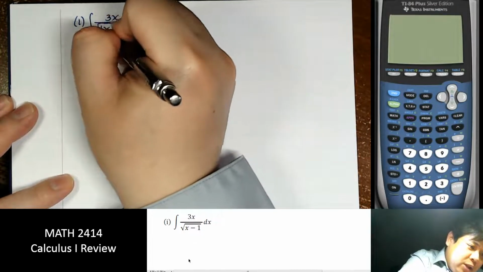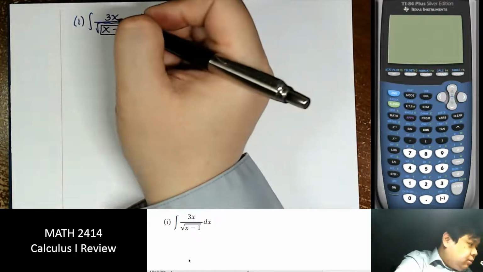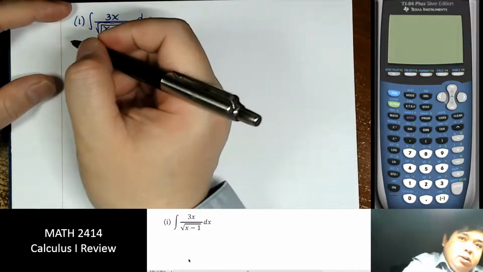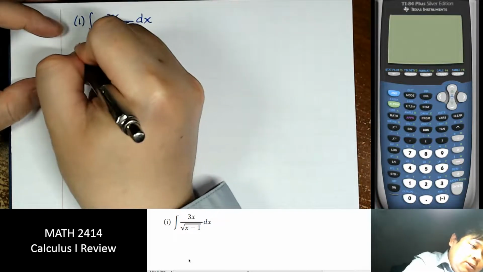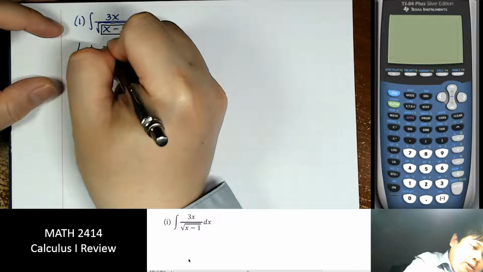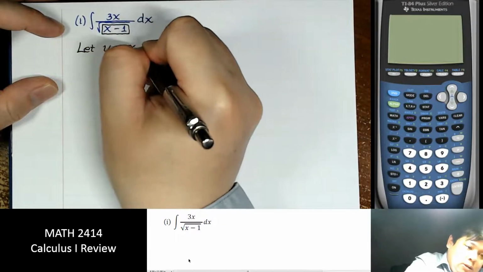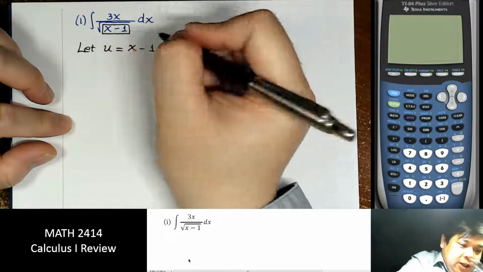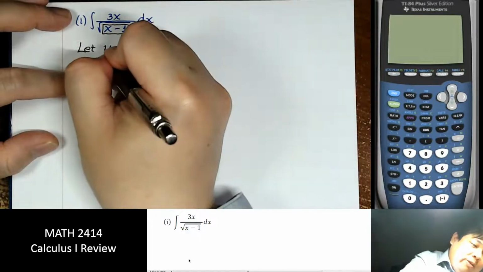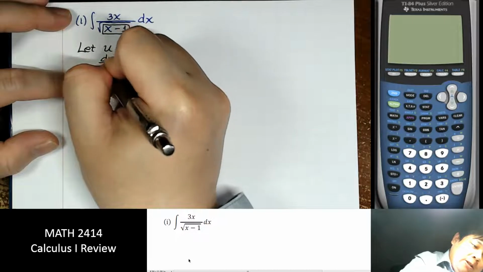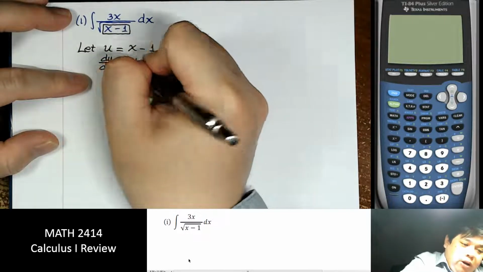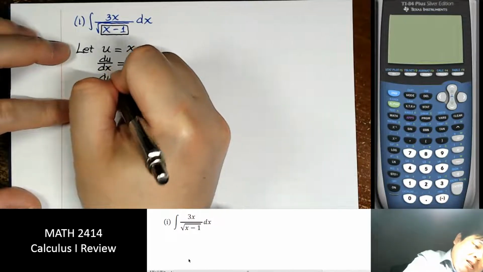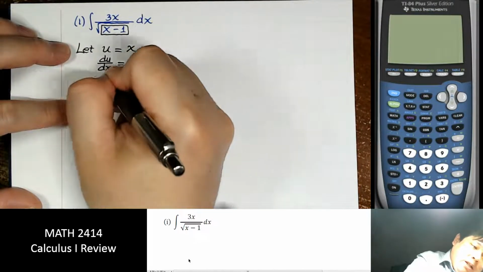We'll try substitution again on this one. Let u equal x minus 1. If u is equal to x minus 1, we take the derivative. It'll be just 1. Move the dx over. So this one is easy. du is equal to dx.